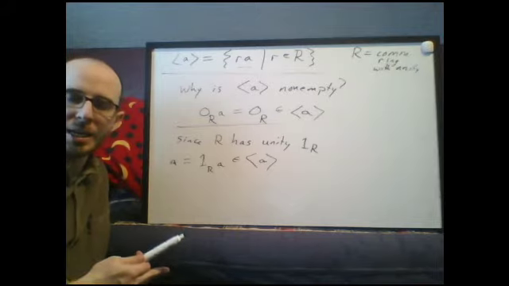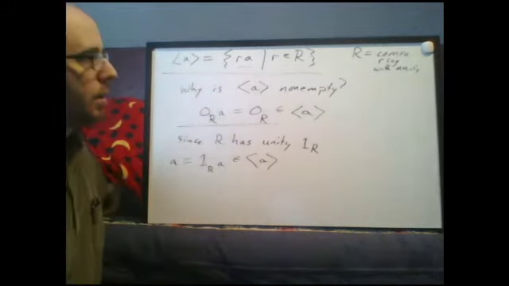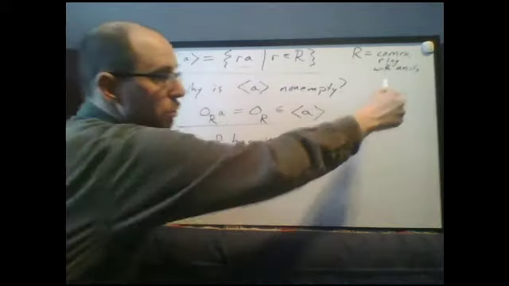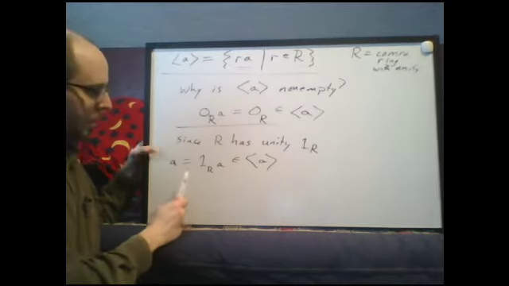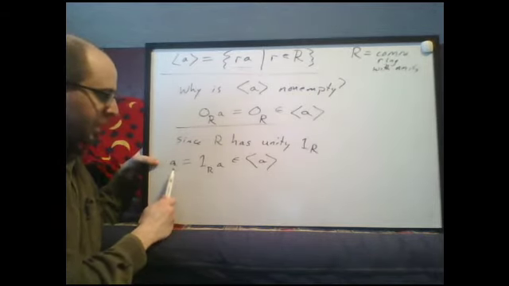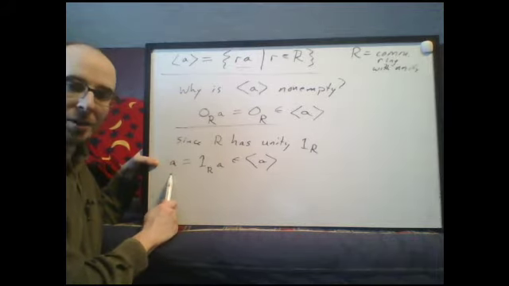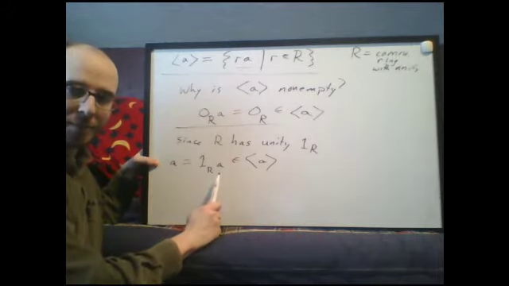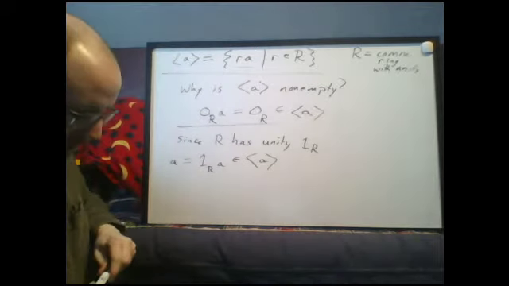If something is an ideal and contains A, it has to contain this entire set. But that part's only true if we are doing this inside of a ring with unity. Because if I don't have a unity element, nothing tells me I can factor A as something times A. I have to have a unity to guarantee that I can do that.